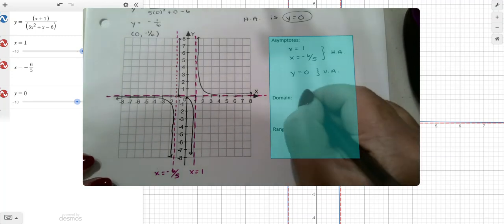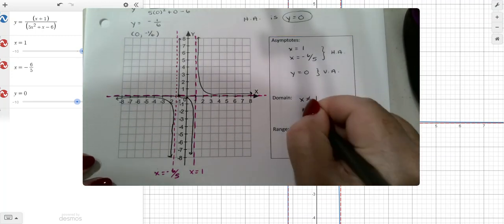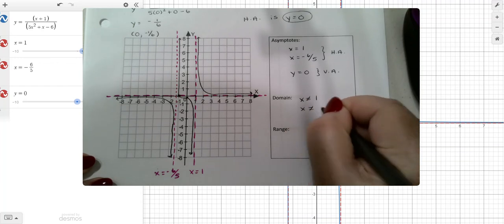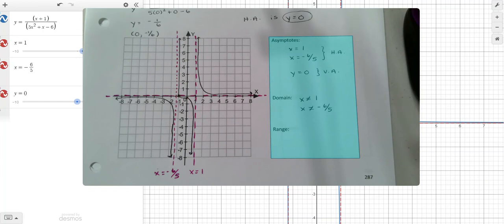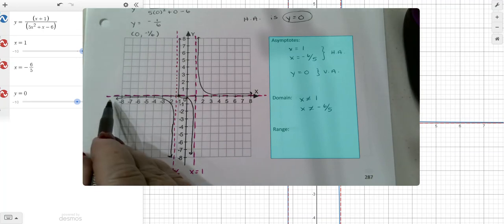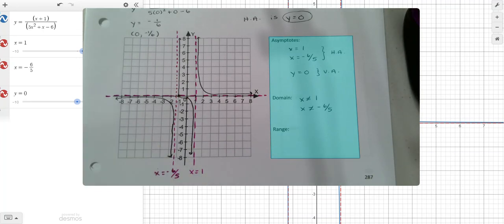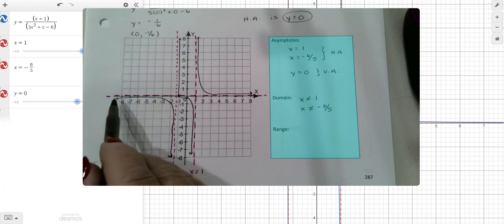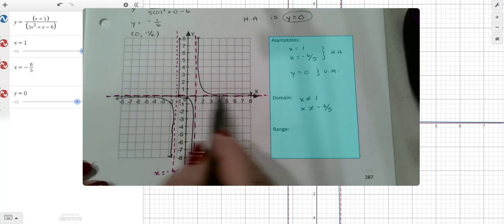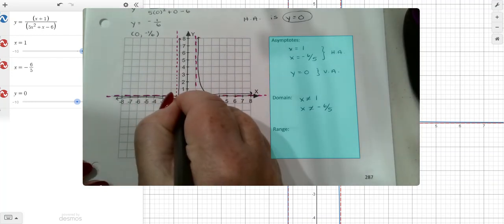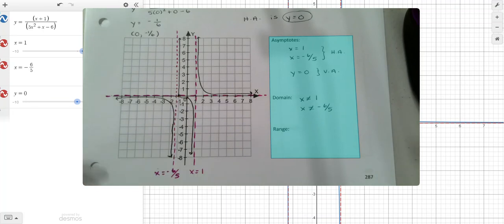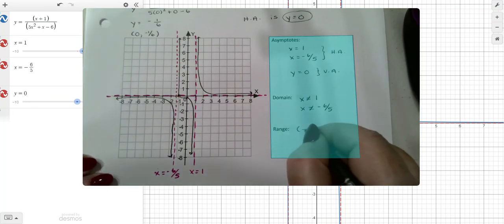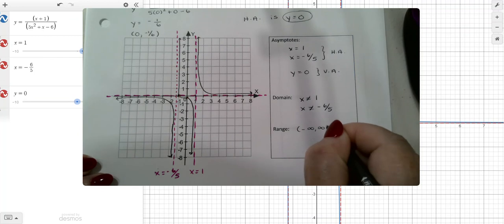And so we know x cannot equal 1 and x cannot equal negative 6/5. The range, in this case, looks like the range goes all the way from negative infinity to infinity. Notice that even though we've got a horizontal asymptote here at 0, we did have an x-intercept, so y does equal 0 at some point. So negative infinity to infinity here.